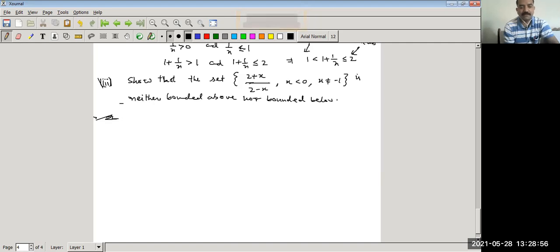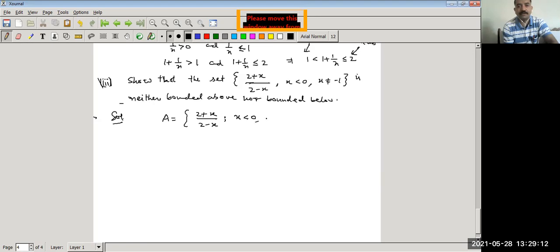So let us consider this set be A. A set is given that 2 plus x upon 2 minus x, such that x is less than 0 and x is not equal to minus 1.